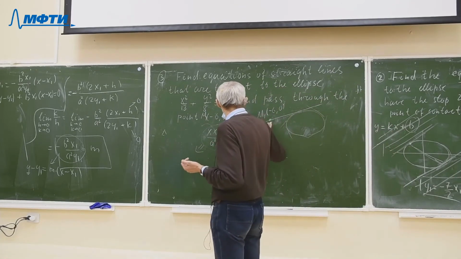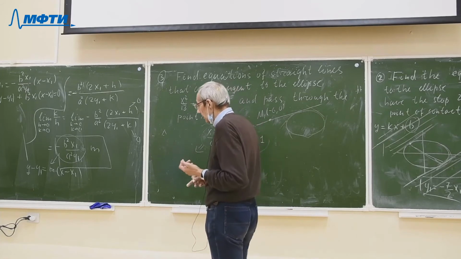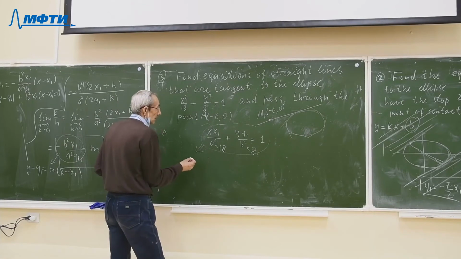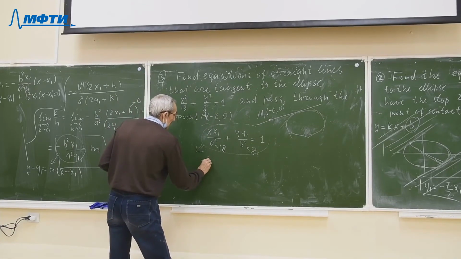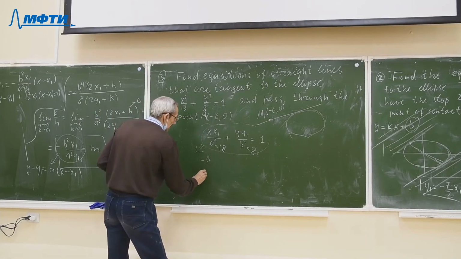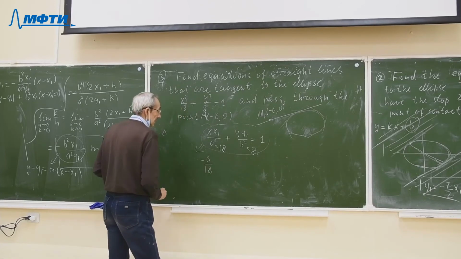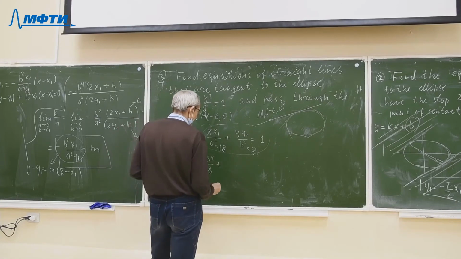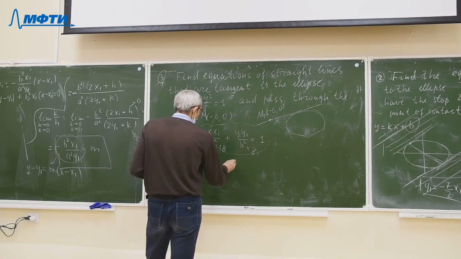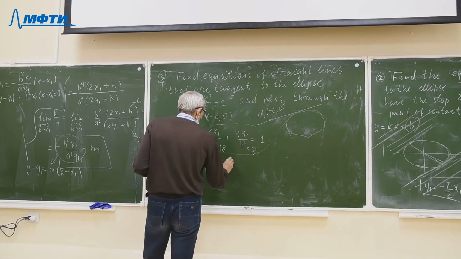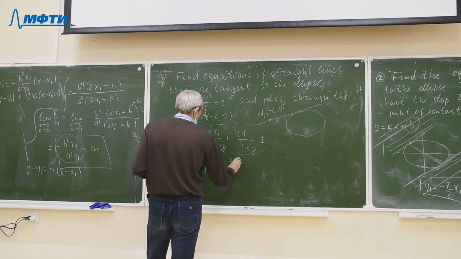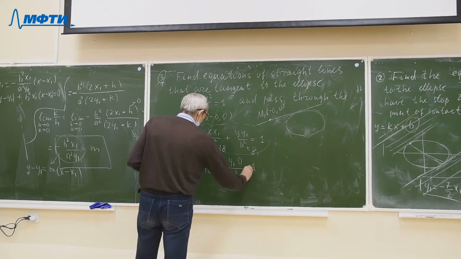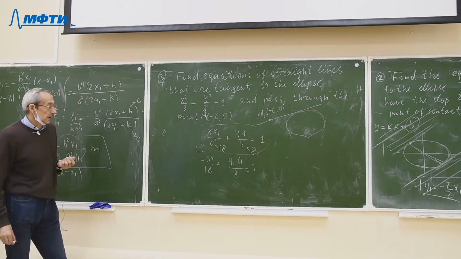If we substitute these values in this equation, we must obtain the equality. And we obtain the following equality: -6 x1 divided by 18 plus y1 times 0 is equal to 1.